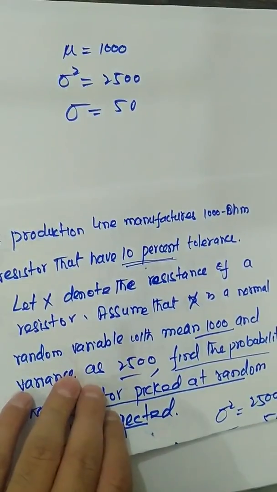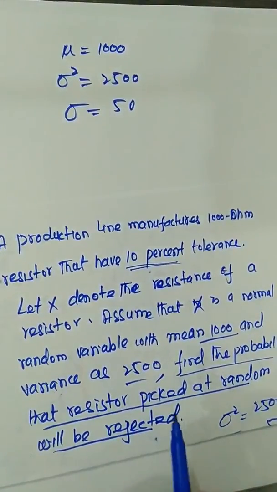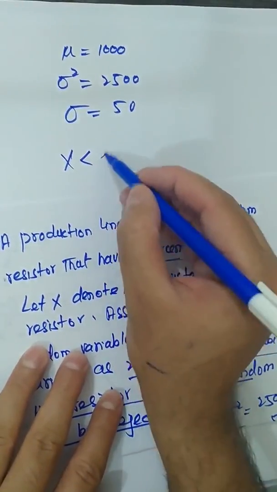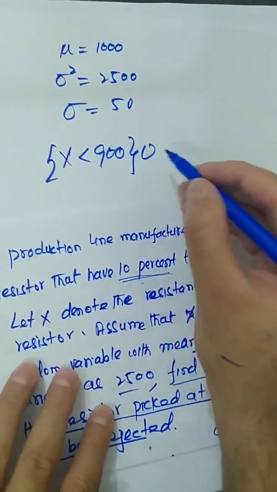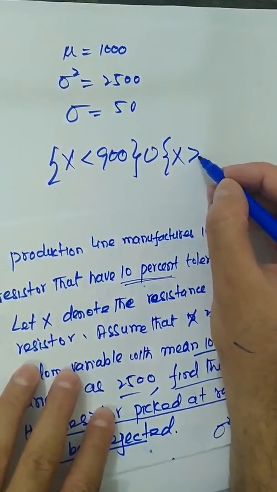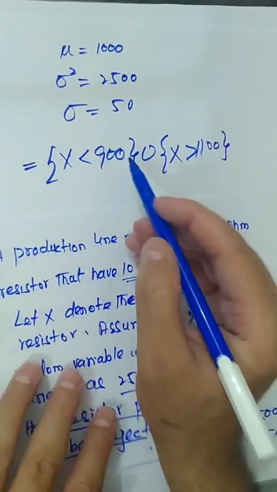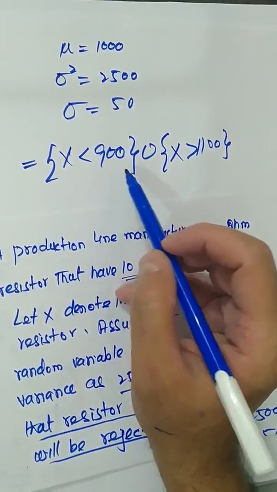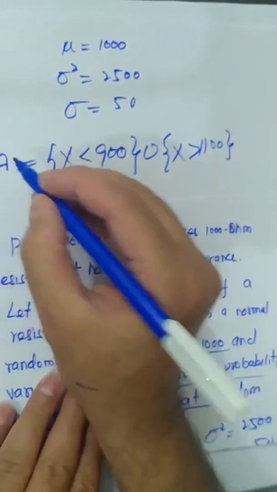If we subtract 100 from 1000, then if the resistance is less than 900 it will be rejected. So x less than 900 or x greater than 1100, the resistor will be rejected. So the event is A.